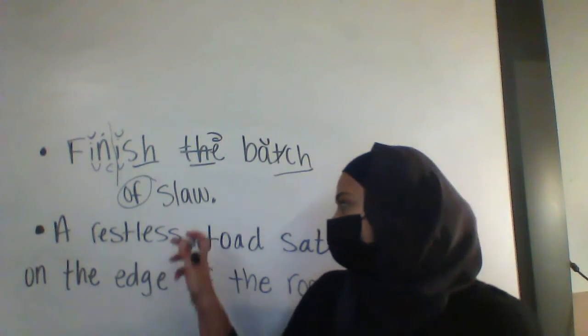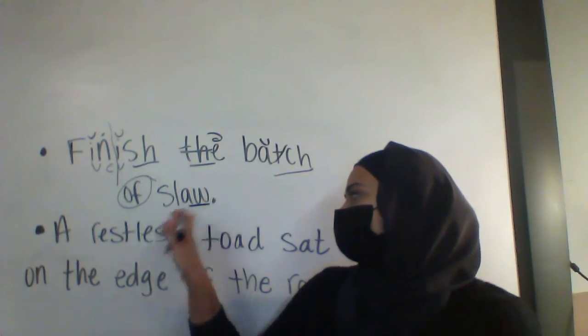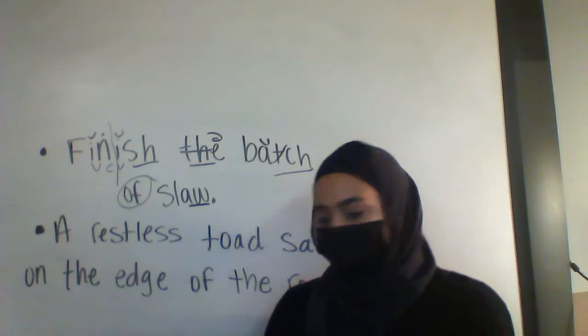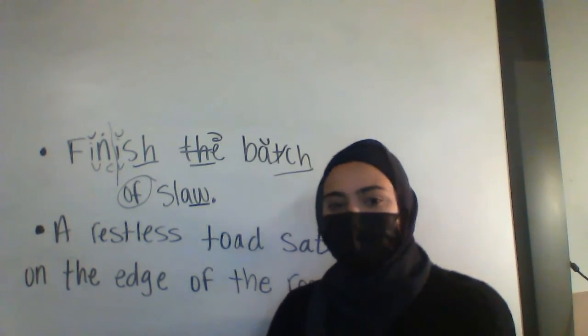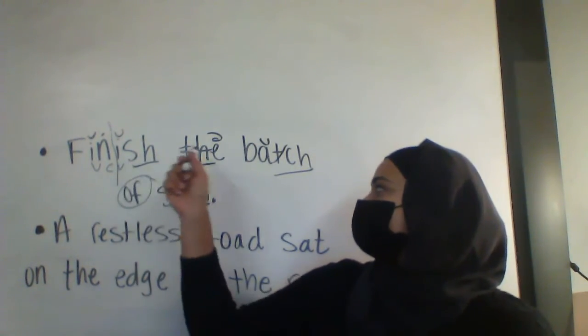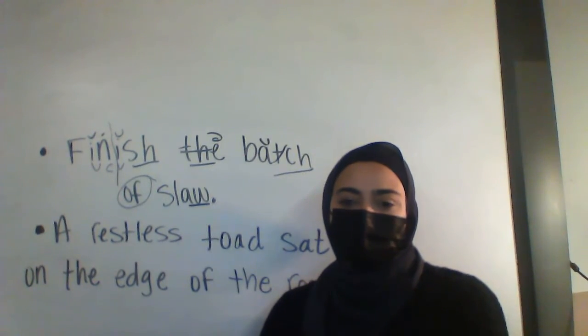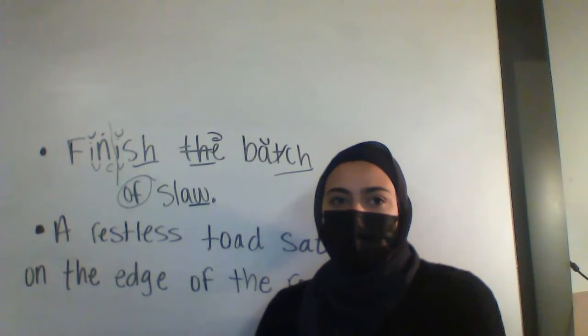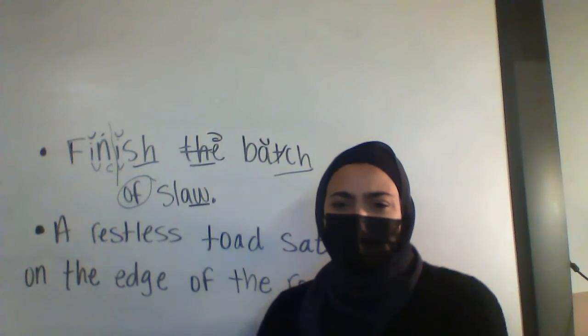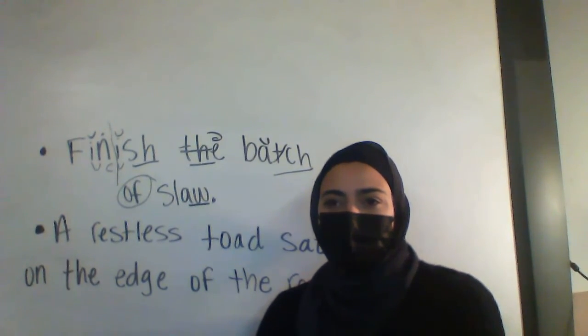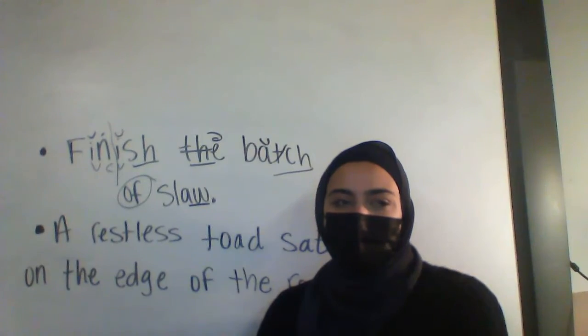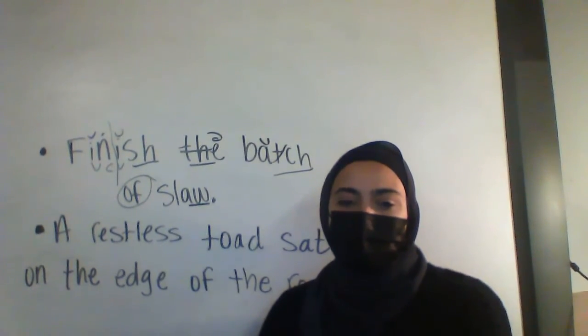It's a diagraph. We learned it when we were online. Diagraph AW is coded by underlining it. All right, class, let's read this together. Finish the batch of slaw. I guess like slaw is like a kind of salad. I think, like made from cabbage, right? All right. Anyway, let's look at the next one.